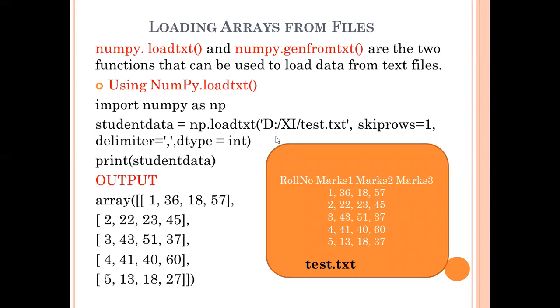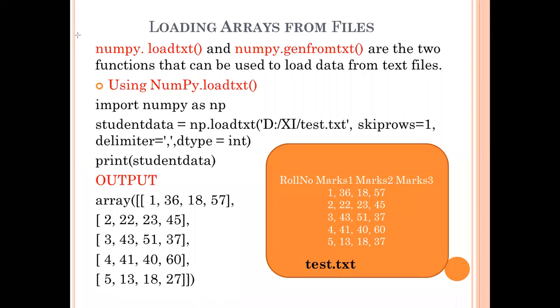The first one is loading arrays from files. If the data is already stored in the text file, then we retrieve or import the data from these files and create the array. There are two functions that perform these operations.